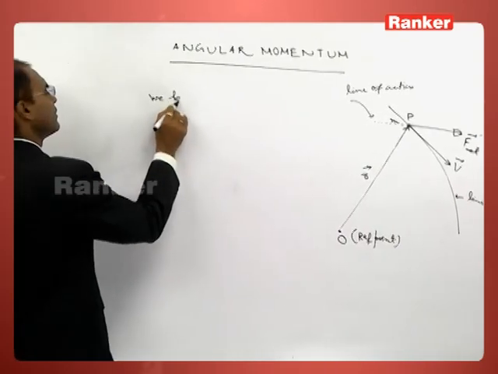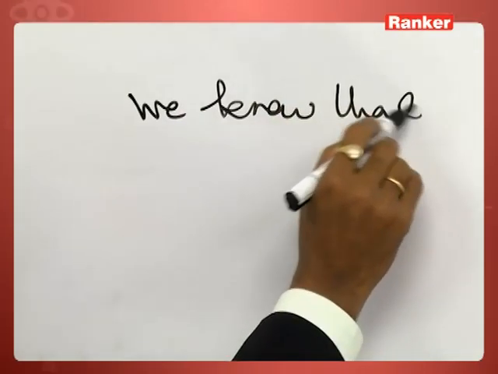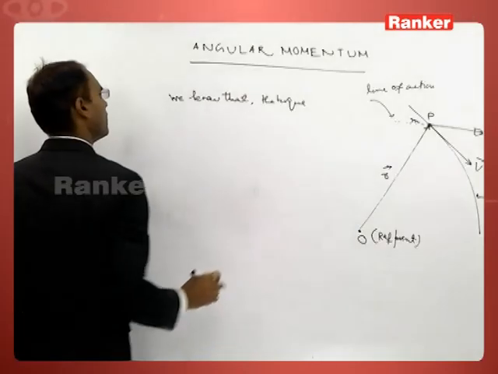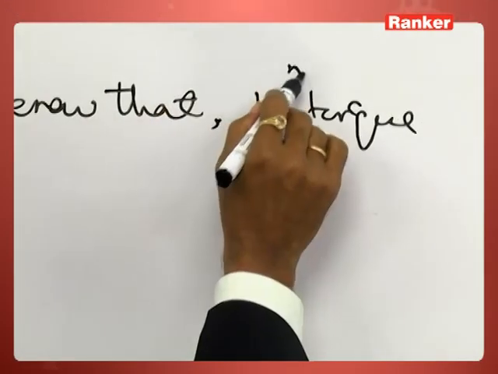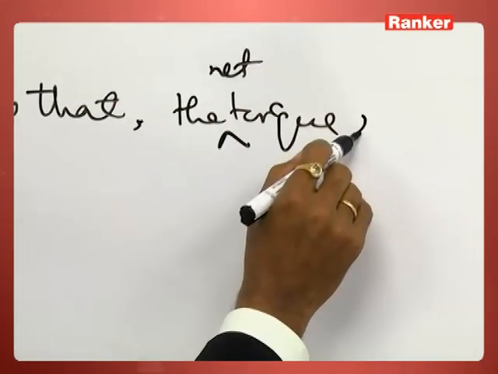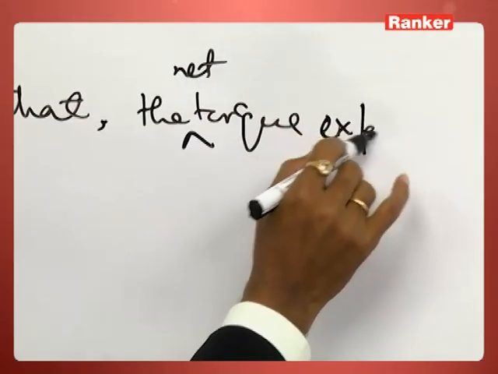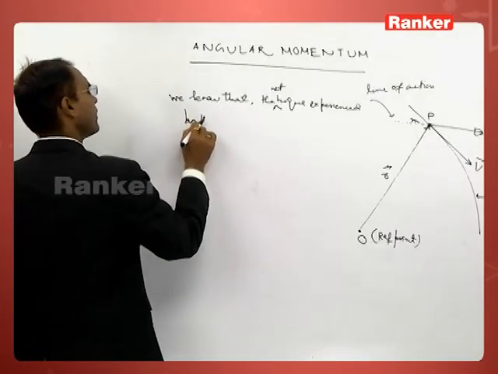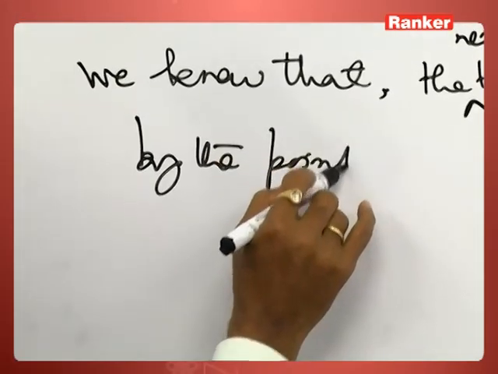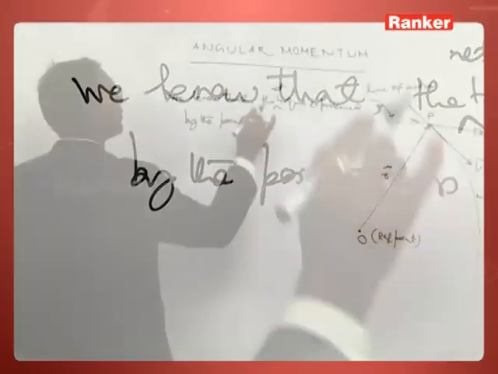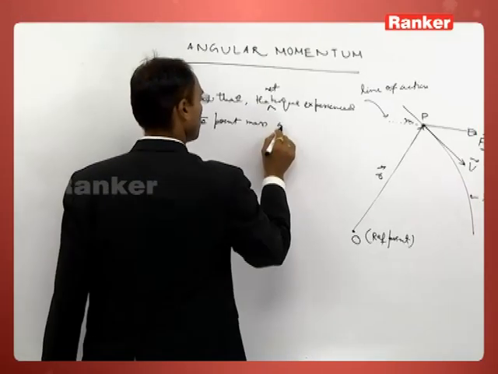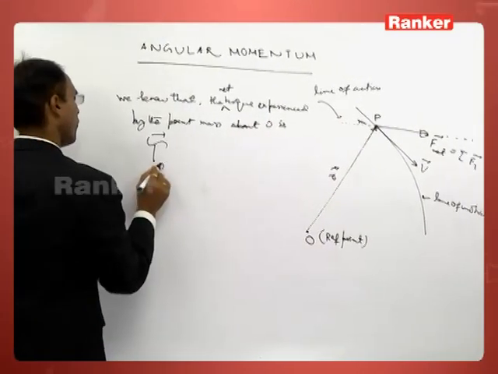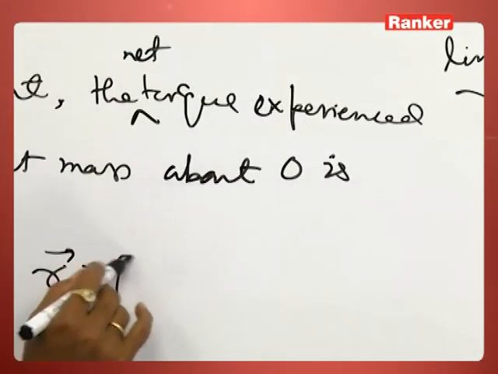We know that the net torque experienced by the point mass about O is given as tau O is equal to R cross F net.